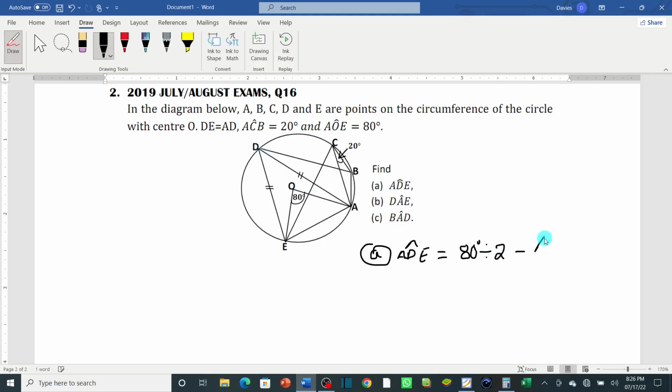You say angle, or sorry, handwriting with this mouse is hard. So you say an angle subtended.